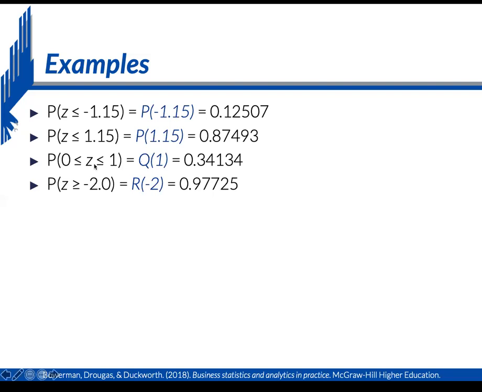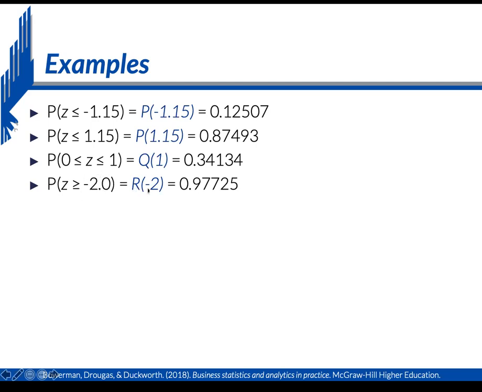Now for the third example, that's the area between 0 and 1. You can use the Q function because, again, the value here is 0. So you can use the Q function to find the area between 0 and the z-score 1. And when you use this function, you will get 0.3413. And finally, if you need to get the area to the right of any z-score, you can use the R function.